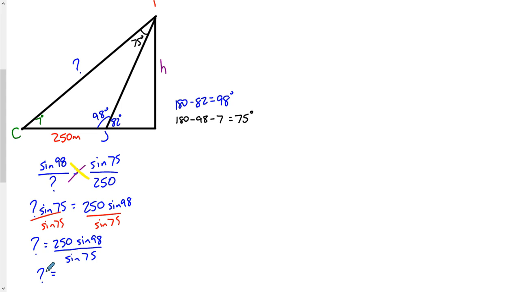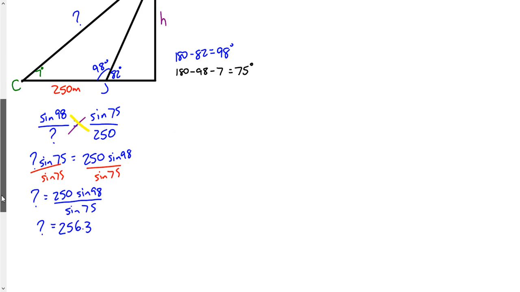Sine 98 divided by sine of 75. I got 256.3. Our unit is meters.